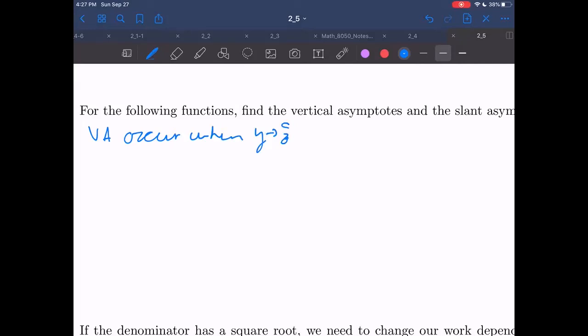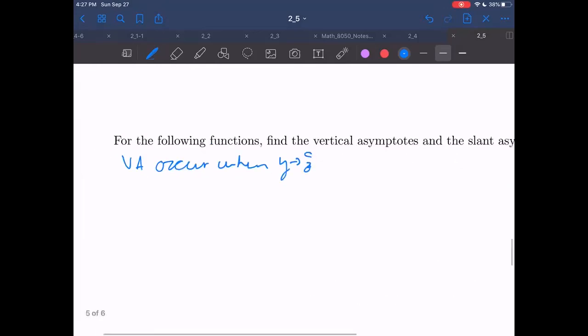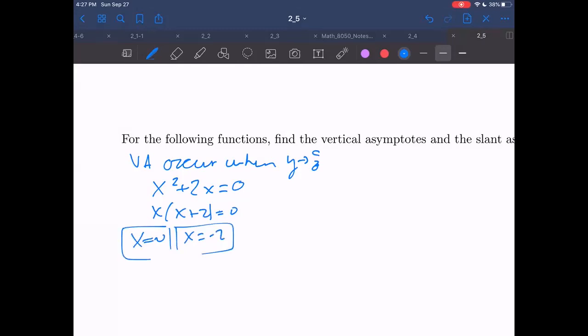We can't cancel anything here because it just won't factor to be able to cancel. So our vertical asymptotes will happen when x squared plus 2x is equal to 0, so when x times x plus 2 is equal to 0, so when x is equal to 0 and x is equal to -2. These will be our vertical asymptotes.